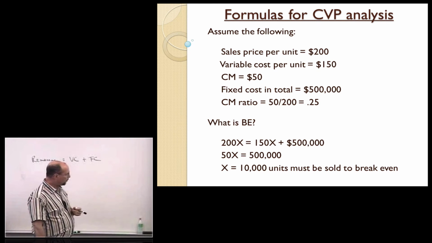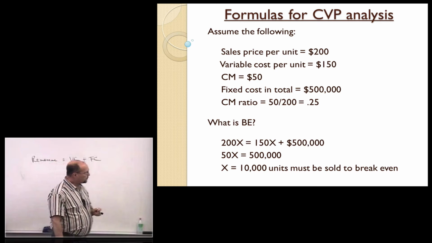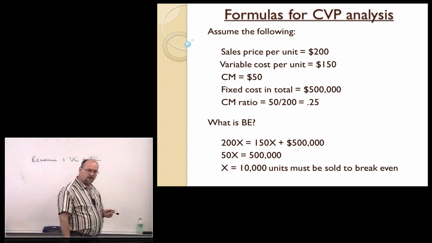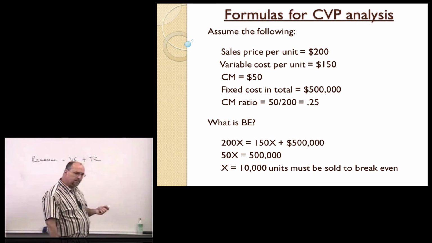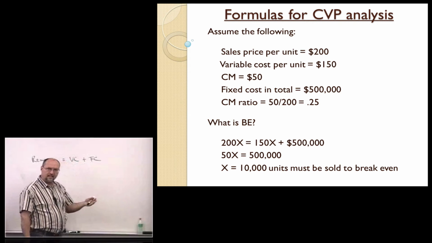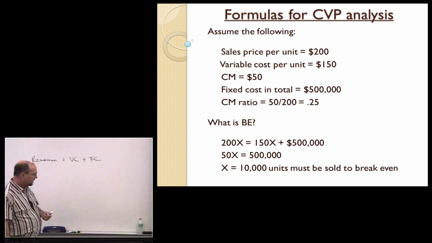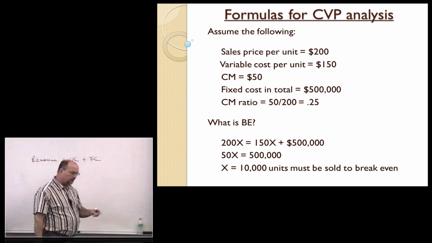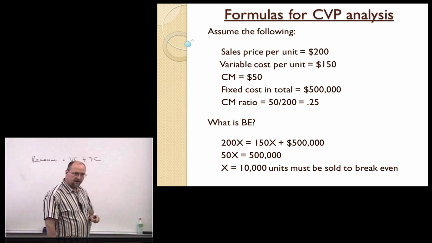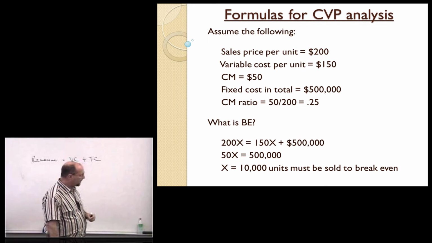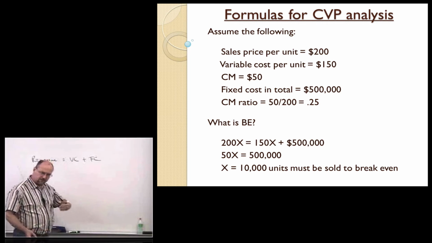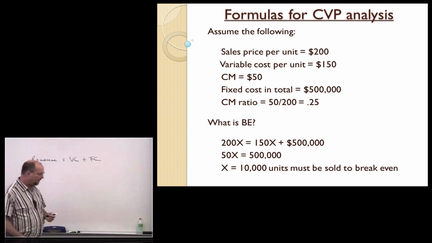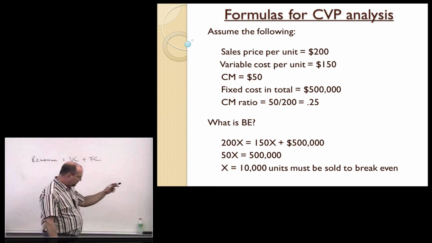What's the break-even point? So let's plug in this formula. Notice, each unit gets sold for $200. X represents the number of units we will sell to break even, to cover our costs. Each unit that we sell, we know the variable cost per unit is 150, and we know that our fixed costs in total are 500,000. So now let's take this the algebraic path. 200x, let's isolate x.